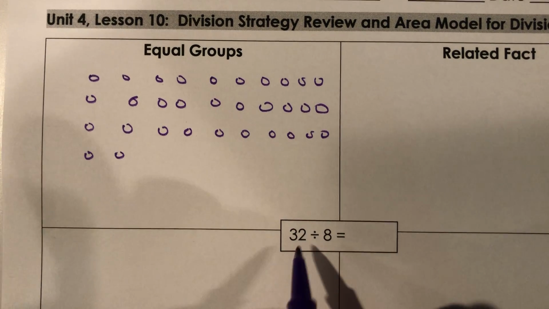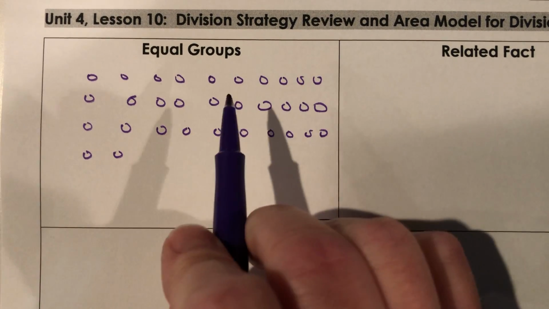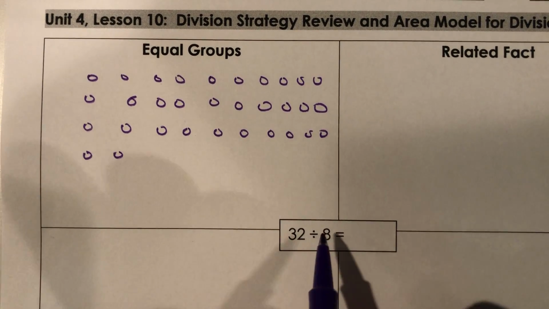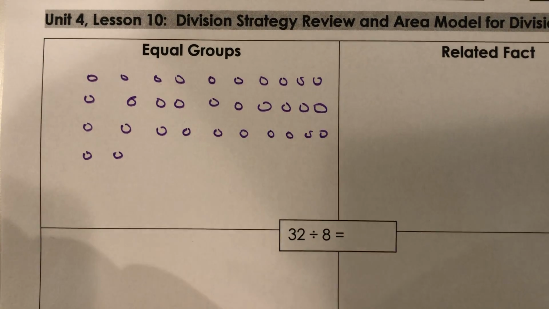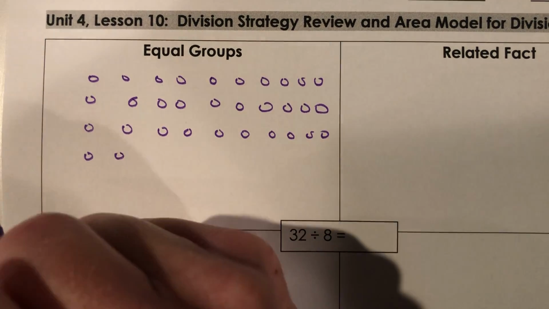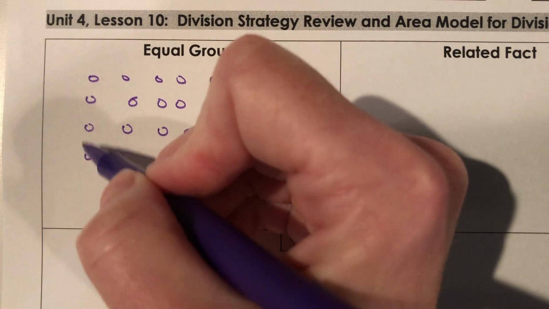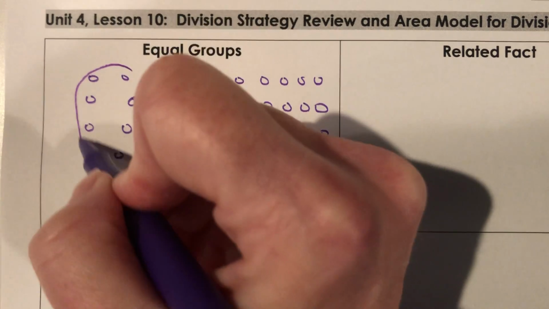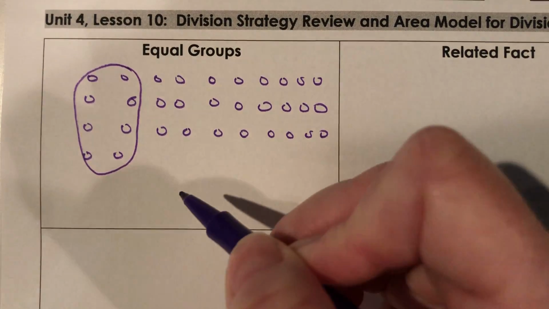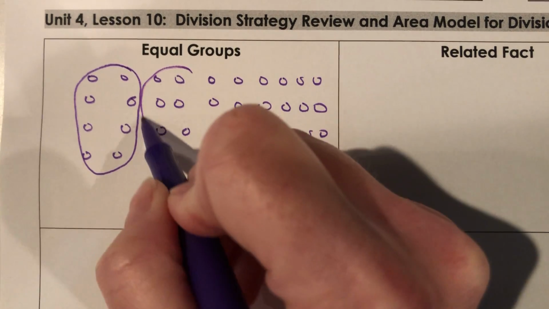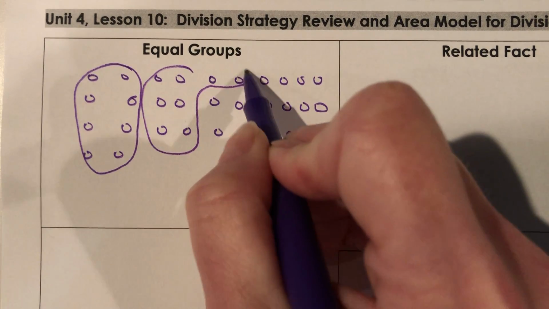So 32 divided by 8 means you have 32 things, and I want to know how many groups of 8 there are in 32. So that means I'm going to circle groups of 8. So I see 1, 2, 3, 4, 5, 6, 7, 8 right here. There's one group of 8. I can make more. There's 6, and I need 2 more. 7, 8.